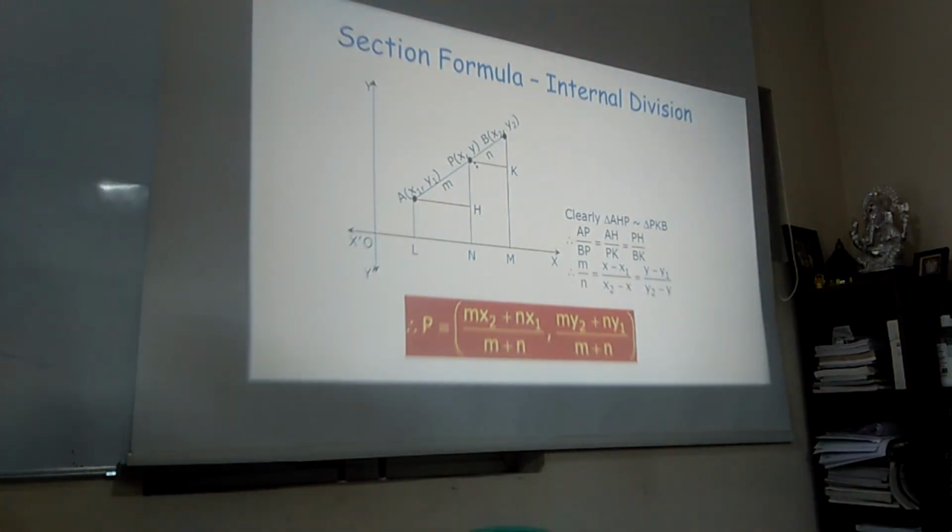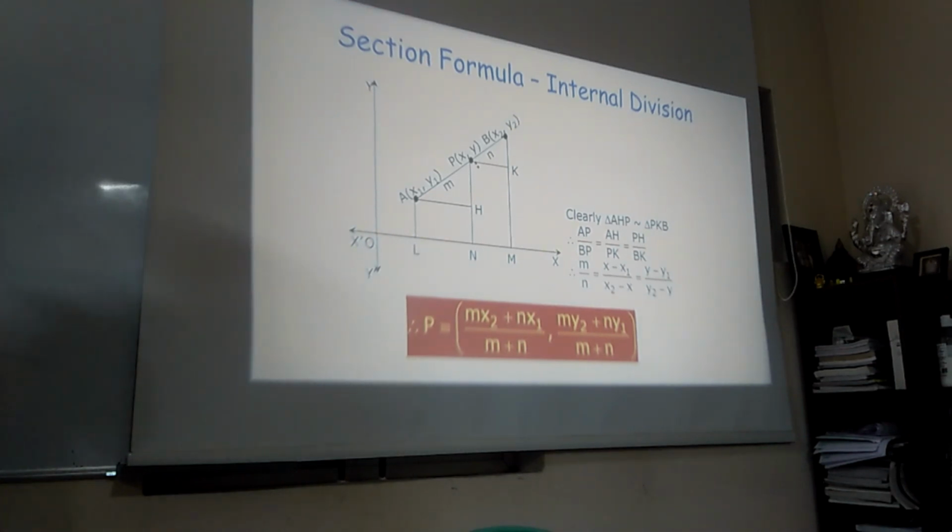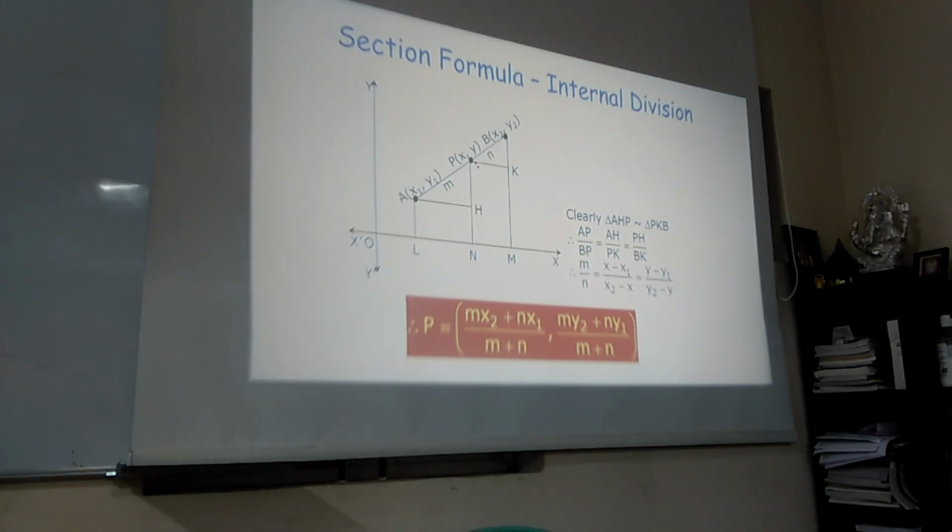So, when a point divides a line in a ratio m is to n, or m1 is to m2, people tell this in different formats, any ratios, that time the section formula is given by P is equal to m of x2 plus n of x1 divided by m plus n.